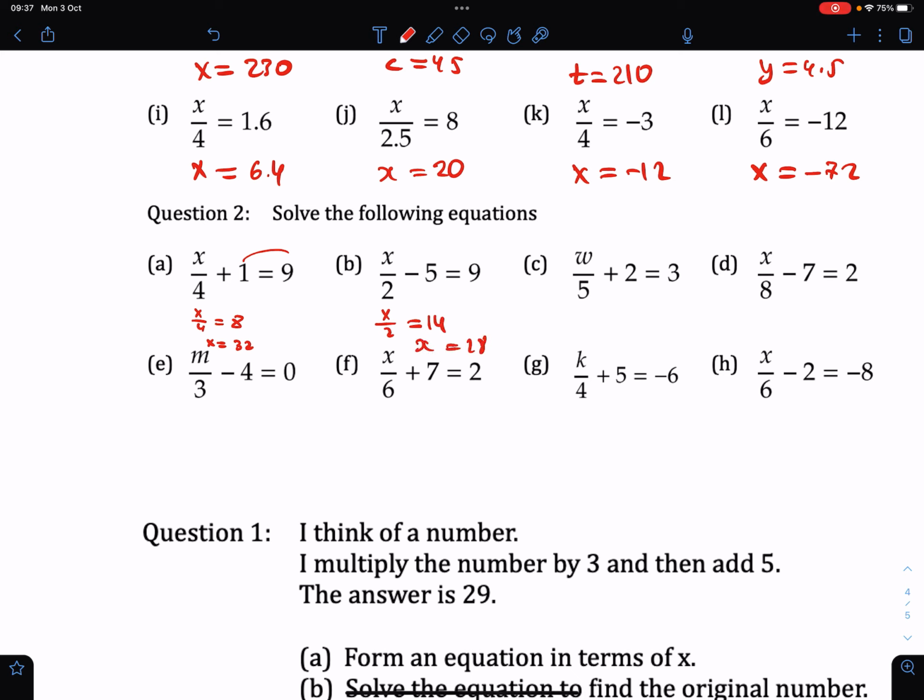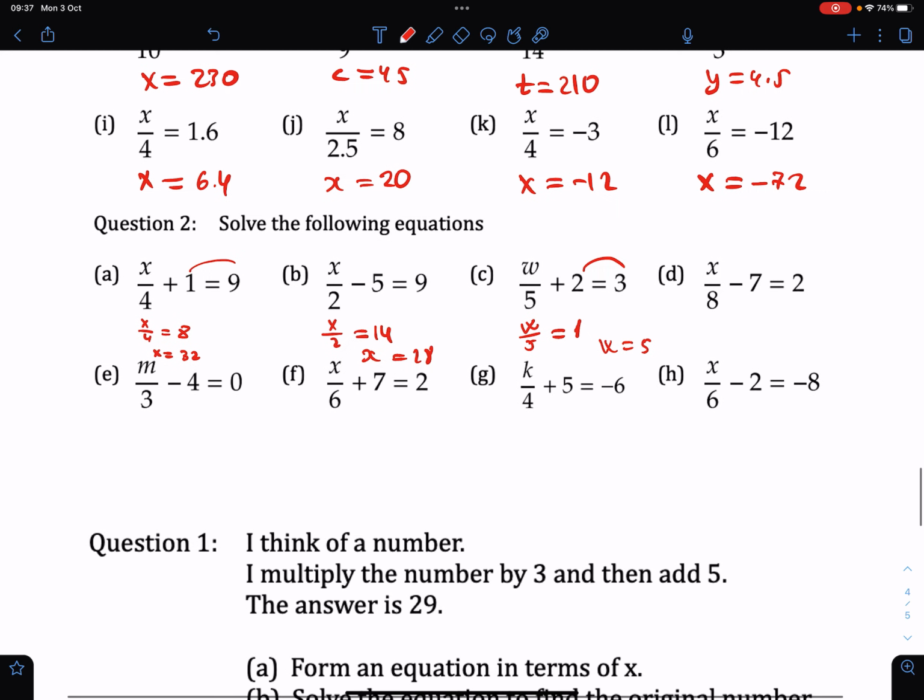So, Tina, w over 5 equals what? W over 5 equals 1 because you move it first, okay? W will be 5.